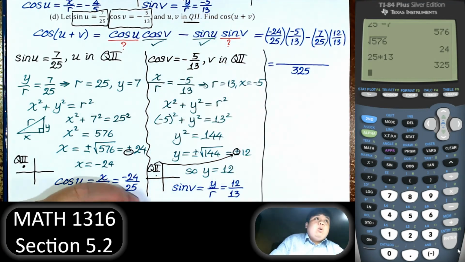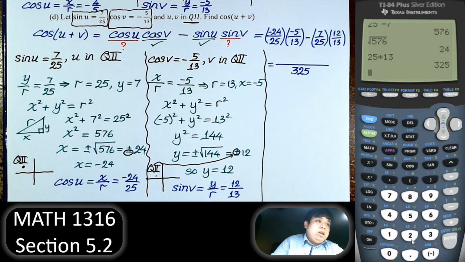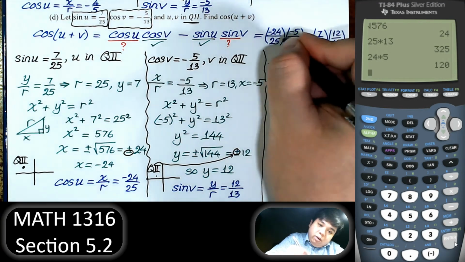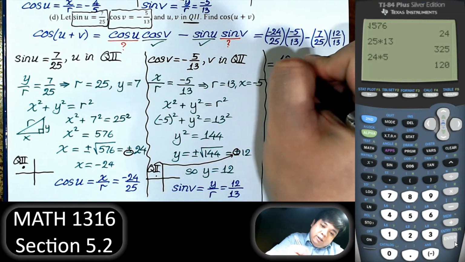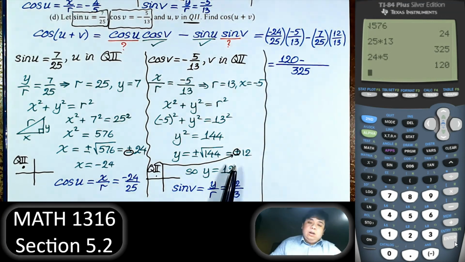And then negative 24 times 5, that will be 120. Negative times negative is positive. 7 times 12 is 84.